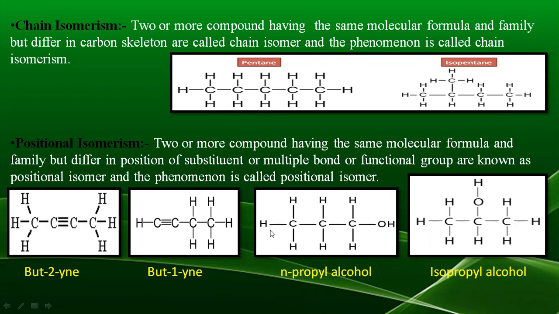Now come to the alcohol. The OH group is present on the first carbon atom from the right side, and in the second example, the OH group is attached to the middle carbon atom of this compound. This one is isopropyl alcohol, and the first one is n-propyl alcohol.